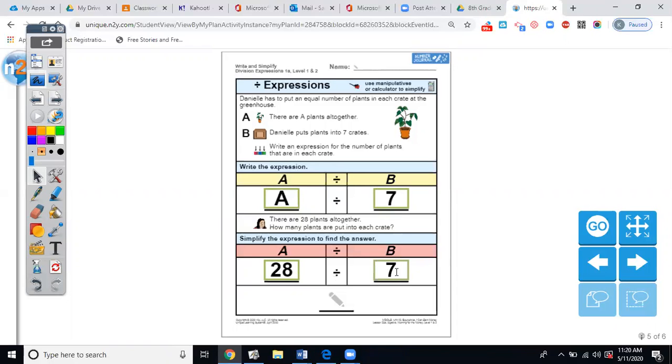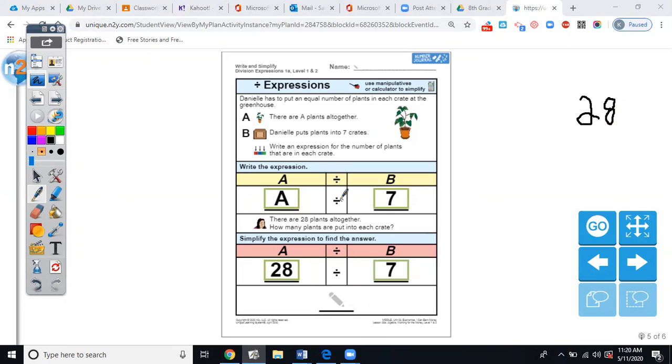Okay. So they said that there are 28 plants altogether. So 7 times what equals 28? Let's see, the way that we have been setting our division problems up is the tent looking thing.